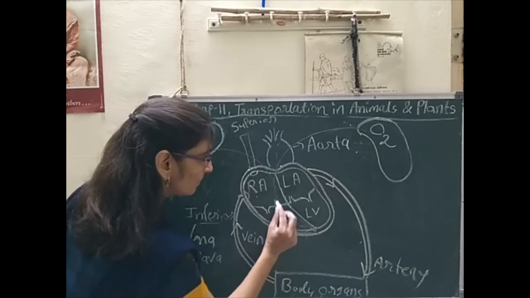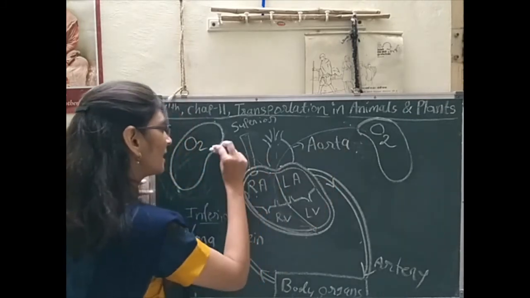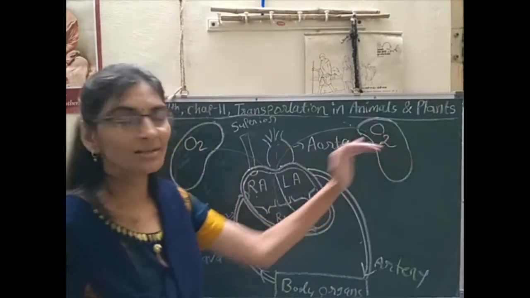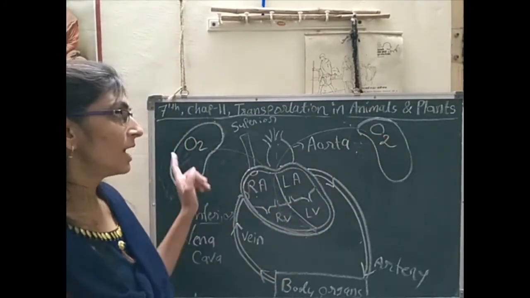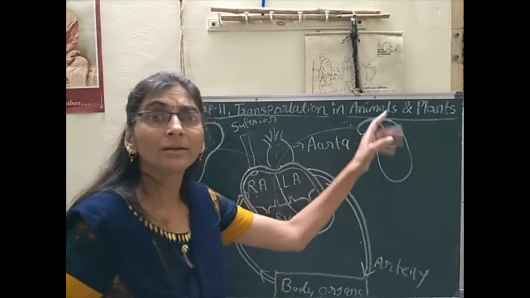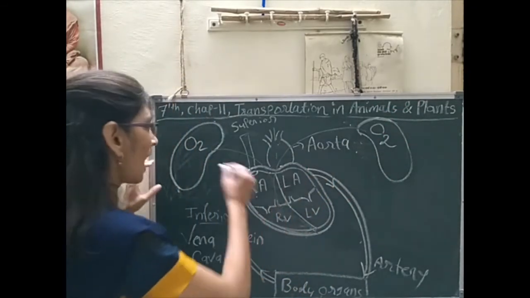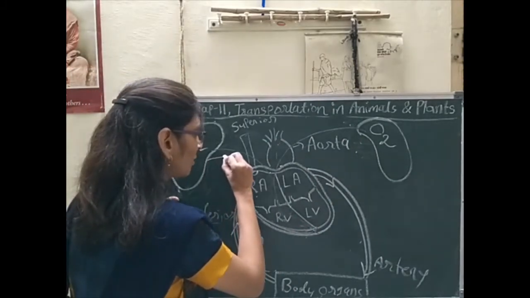So now the blood was pumped out towards the lungs from the right ventricle, and then from the lung it absorbs oxygen and again comes back towards the heart.